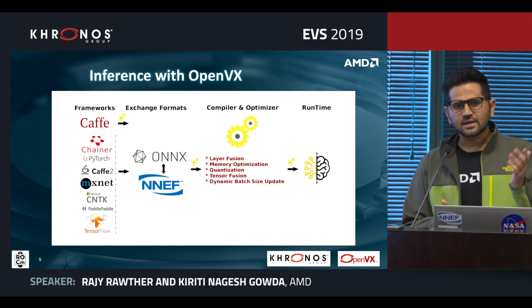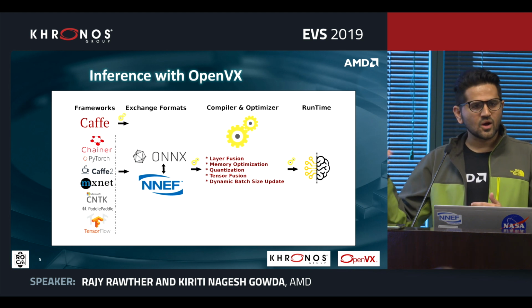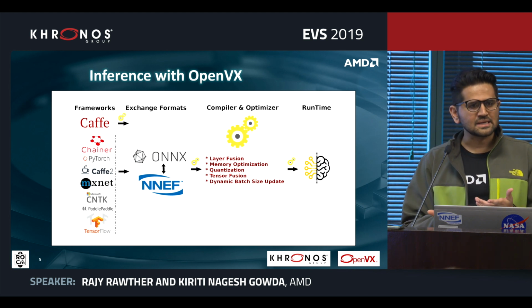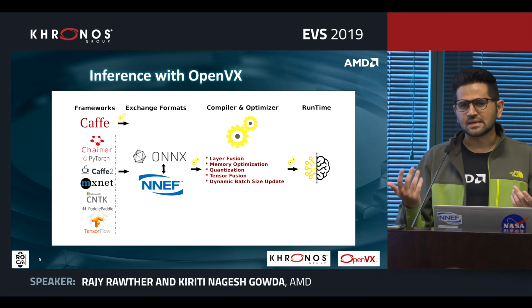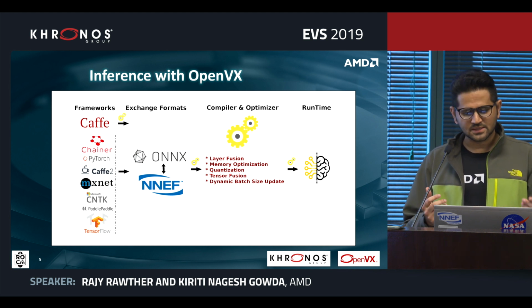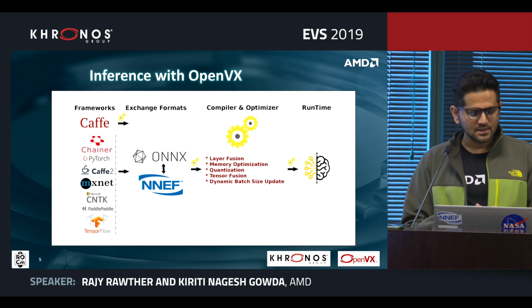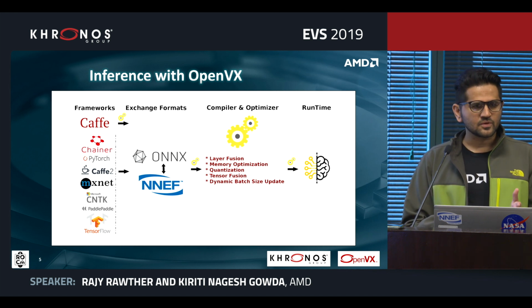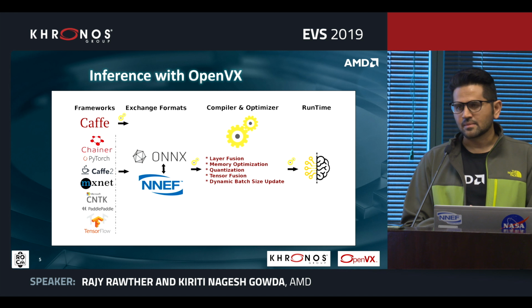I think Gregory in the previous presentation showed where he downloaded the SqueezeNet ONNX model and converted it to NNEF. Any model out there which is ONNX, you can convert to NNEF or NNEF to ONNX. ONNX also has a wide set of tools which convert TensorFlow, Caffe to PyTorch, stuff like that. So you don't want to restrict yourself with frameworks. Once you're in this exchange format, we can take any of the formats.